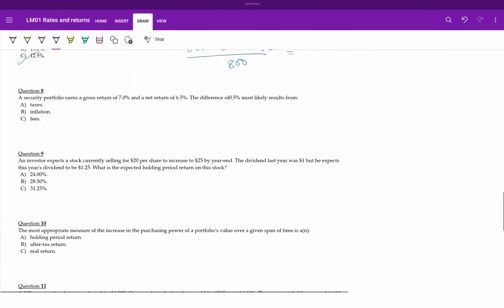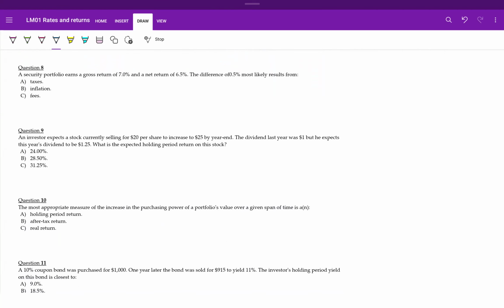Question number 8 is: a security portfolio earns a gross return of 7% and a net return of 6.5%. Now here, this is LOS 1E, which we have just discussed.